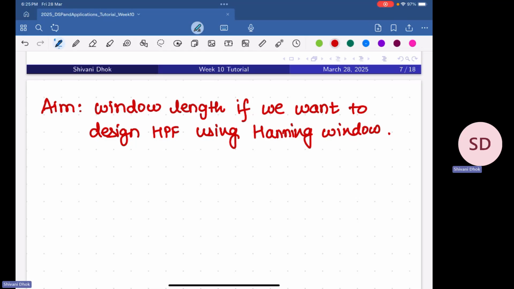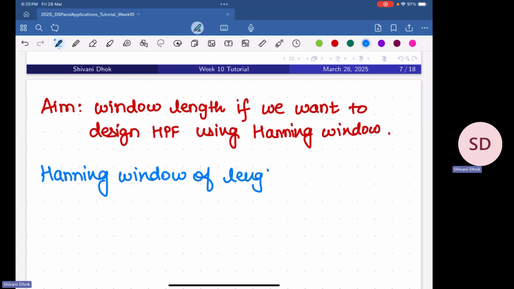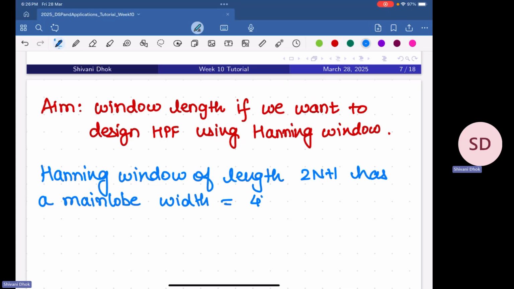And what things do we know about this Hanning window? This Hanning window of length 2n plus 1 has a main lobe width as 4 pi by n. Okay, so this is what we know about this Hanning window.